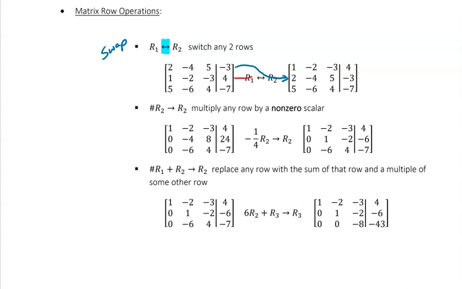And whatever row 2 had in it, in our new matrix, that's going to be what row 1 is. So in our new matrix, row 1 is 1, -2, -3, 4, and row 2 is 2, -4, 5, -3, because we're just swapping those two rows. Notice that we did not do anything to row 3, because this was just swap rows 1 and 2. It tells you which ones to swap. We didn't have to swap row 3, so it stays the exact same.